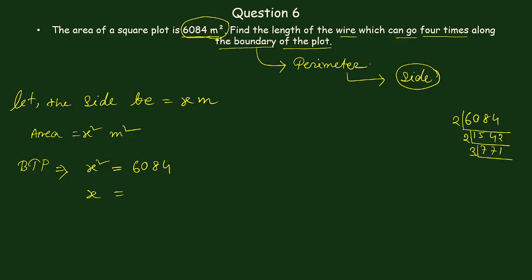Now 3, 507, again 3, 169, or 13 into 13. I think I made a mistake here.